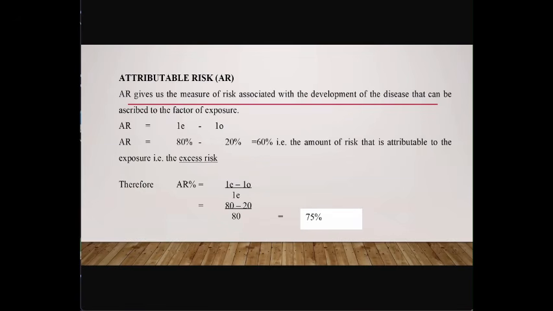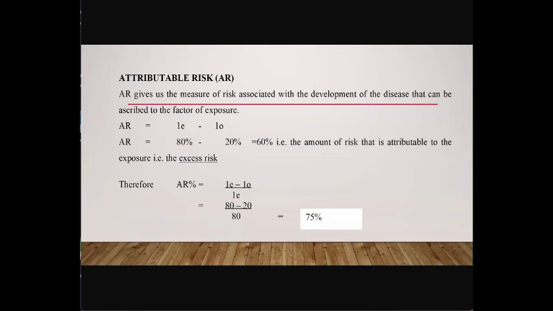Then there's another concept called attributable risk percent. And the formula is there, how you get attributable risk percent. If you want to express the attributable risk in percentage, you have it clearly for you: incidence in the exposed minus incidence of the disease in the unexposed, over the incidence of disease in the exposed.